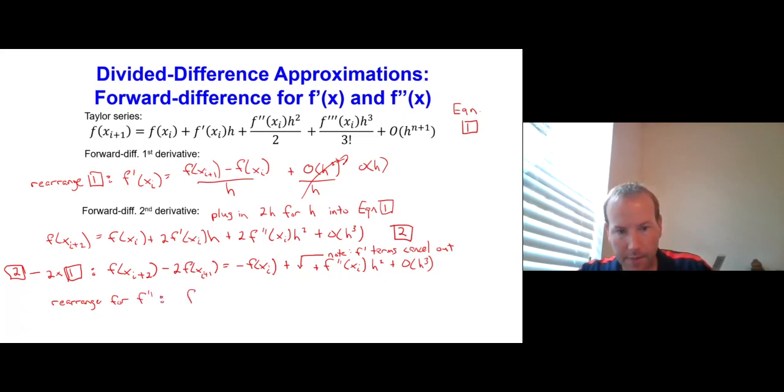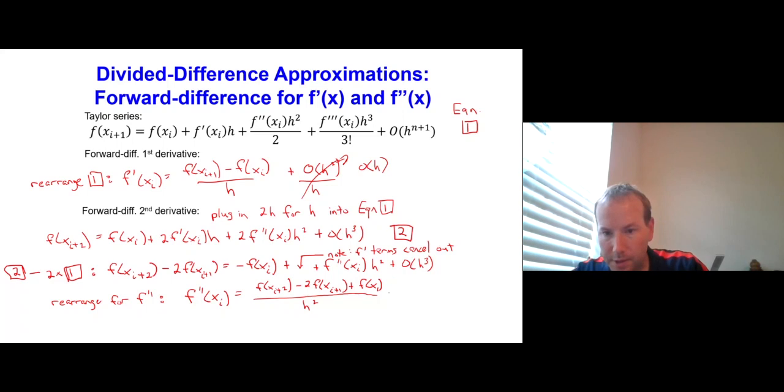And we get that we have a numerical approximation now for the second derivative of a function, and it's given by f of xi plus 2 minus 2 f of xi plus 1 plus f of xi, and in the denominator we have h squared.